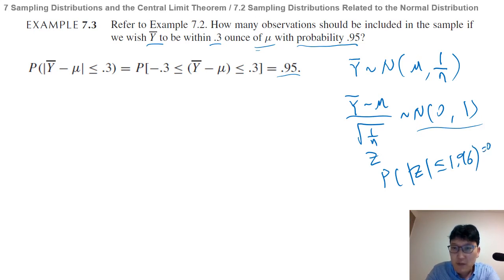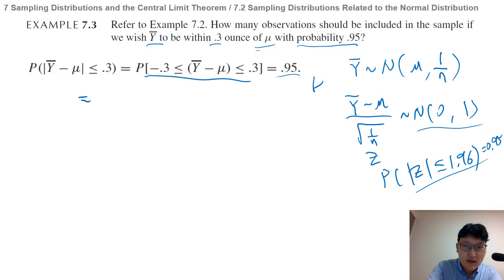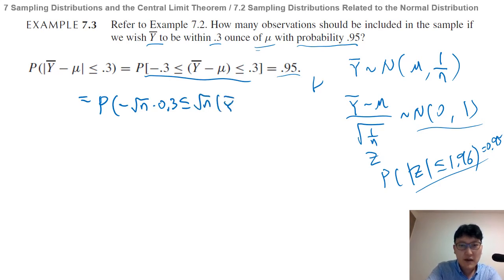It is 0.95. We know this, so we will use this to solve it. Okay, so from here we can represent this part this way. P, we multiply square root of n to all sides, so minus square root n times 0.3 square root of n, y bar minus mu, and 0.3 square root of n.